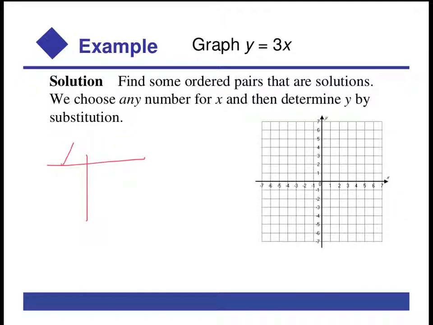So I'm going to plug in for x, and then we're going to see what we get for y. I'll do 0, -1, -2, +1, +2. You may have to work this out on your own a little bit. So y equals 3 times -2, so y equals -6.